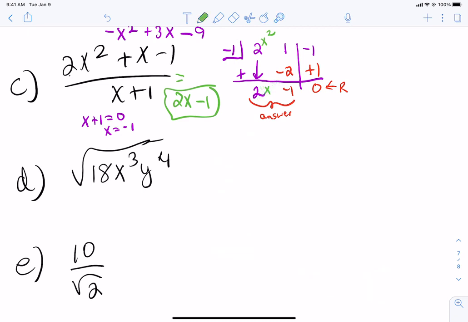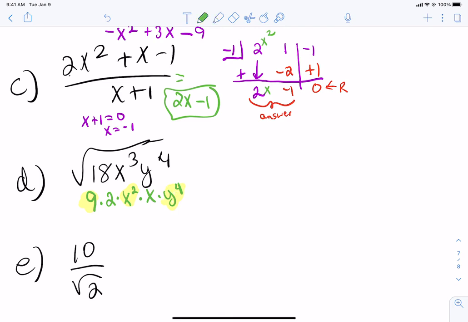Now, if it is not a perfect square, like this one is not perfect, I can write down the perfect squares that are in there. The perfect squares that are in there are: a 9 can come out, 2 of the x's can come out, and all of the 4 y's can come out.